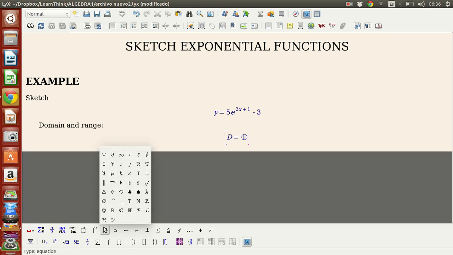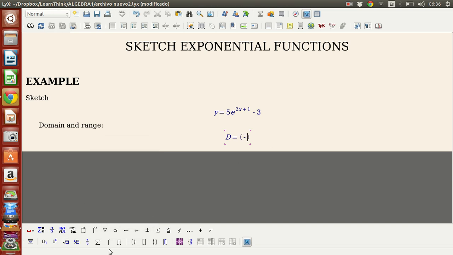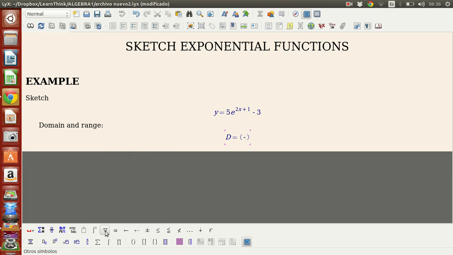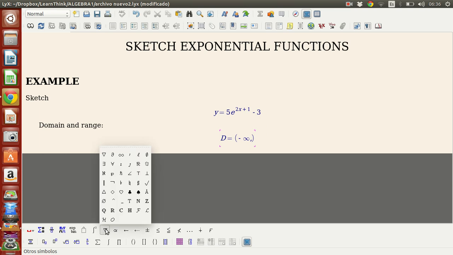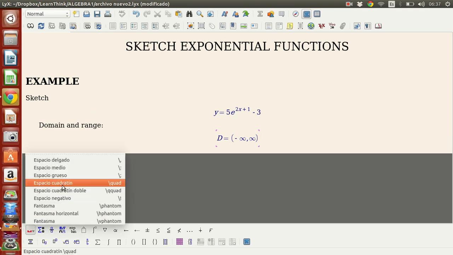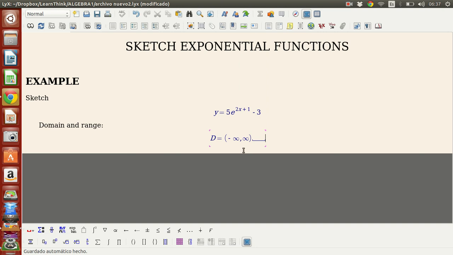So we're going from minus infinity to infinity. Okay, this is the domain. The domain is always the same. You can use any real number here.